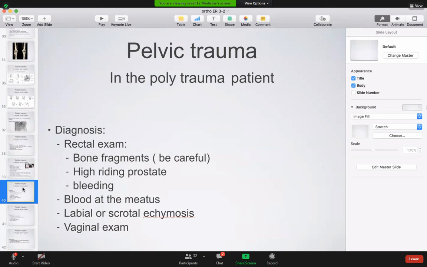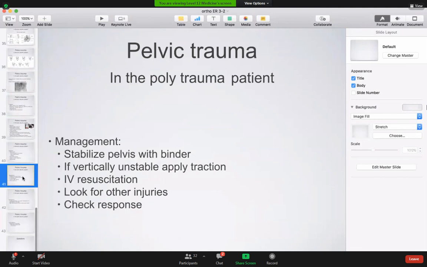Clinical diagnosis is very important. Rectal exam: check for bone fragments, high riding prostate, bleeding, blood at the meatus, labial or scrotal ecchymosis, and do the vaginal examination also for the same things. Rule out any bone spikes.